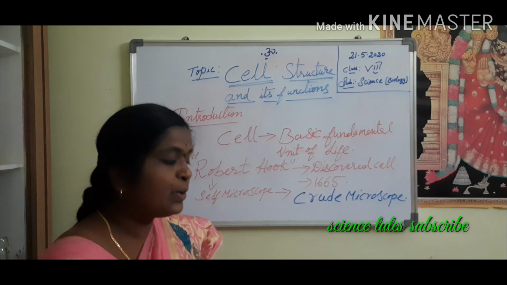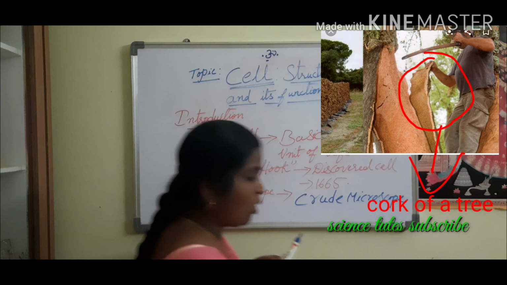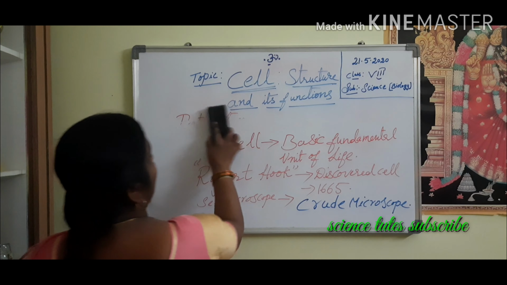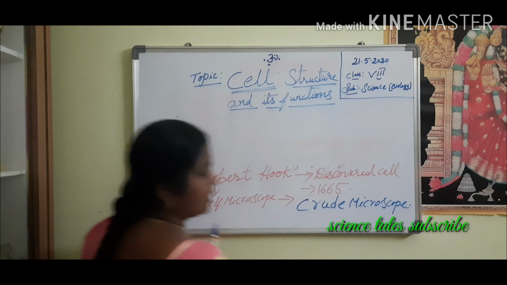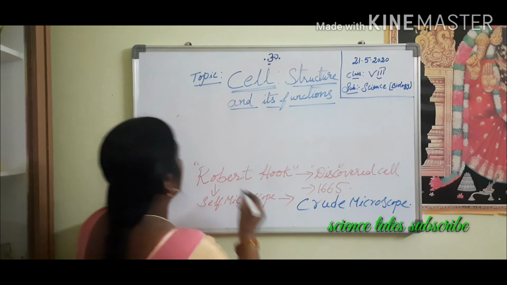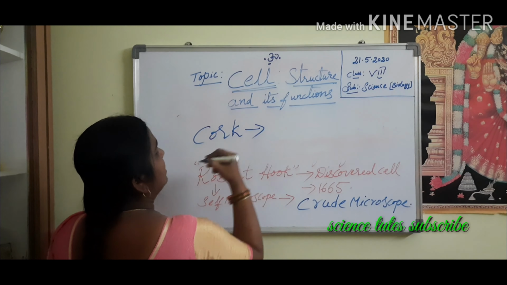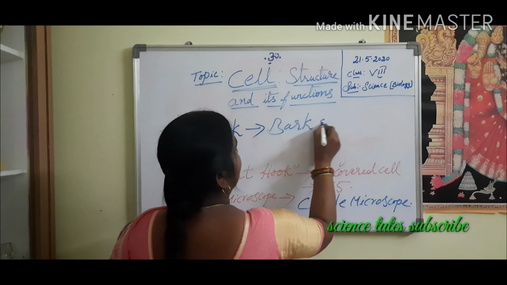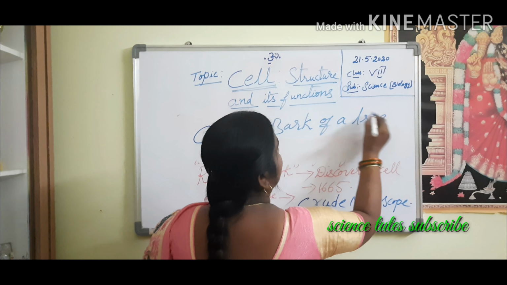So he took one cork. What is the meaning of cork? C-O-R-K, cork. That is the bark of a tree.